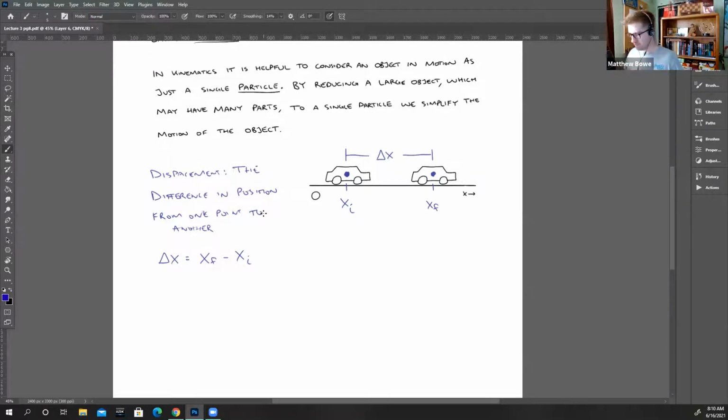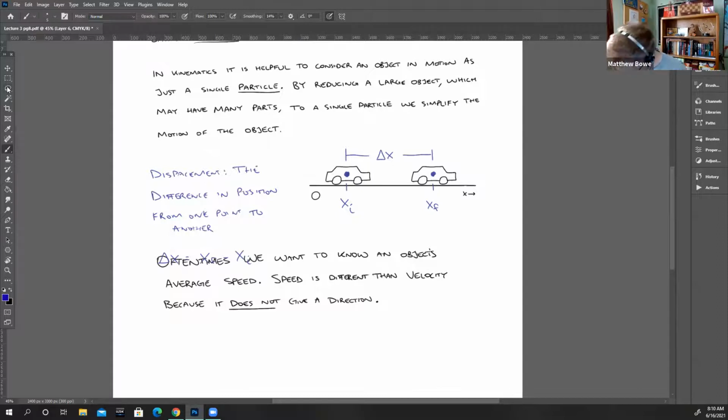Now we have this way to measure changes. Also, oftentimes we want to know an object's average speed. Something you know about speed is that it's different than velocity.